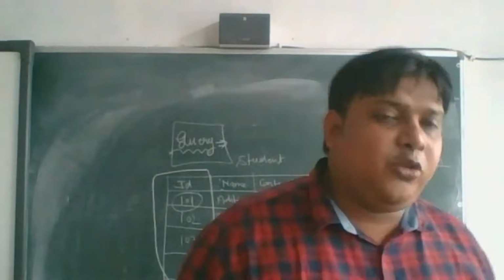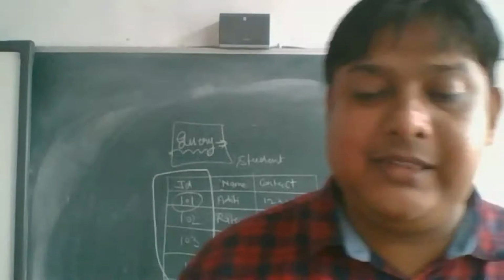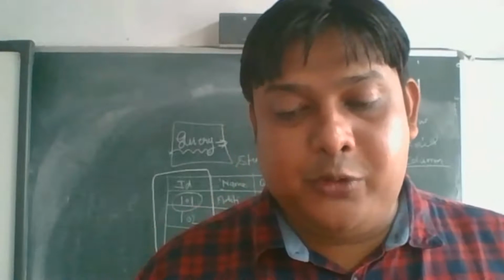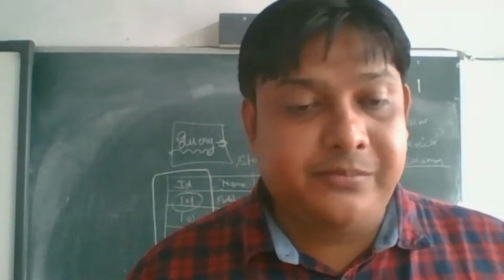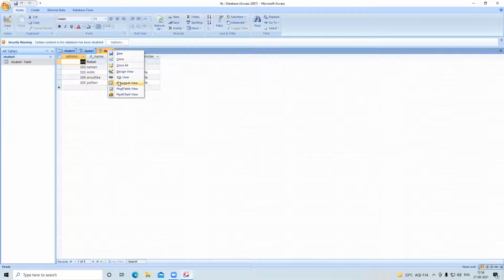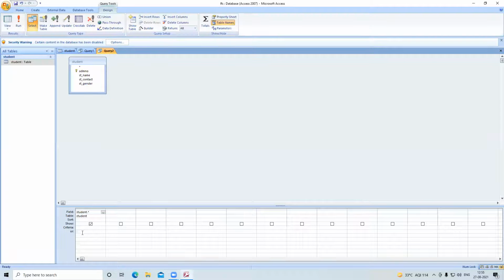So what will we do? We will put the condition. And how will we put the condition? Look here. Now we have to write the criteria equal to 101.